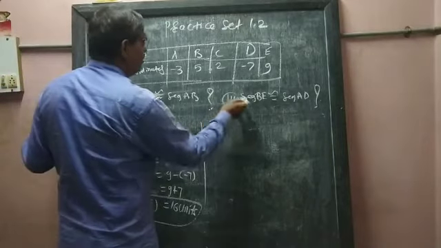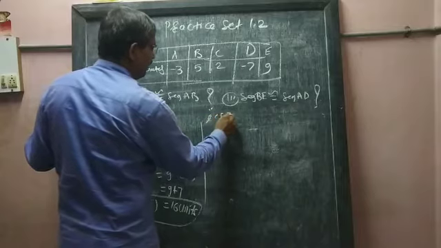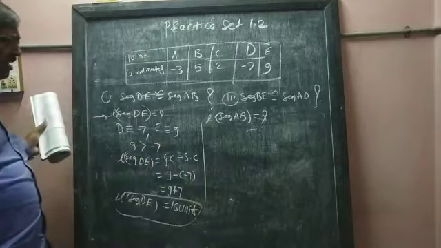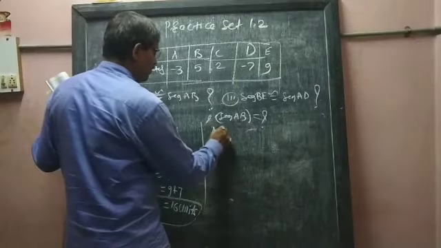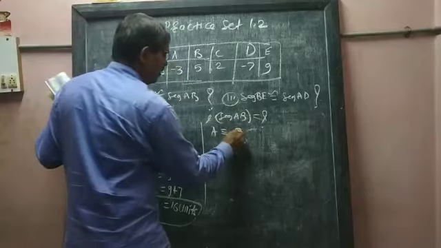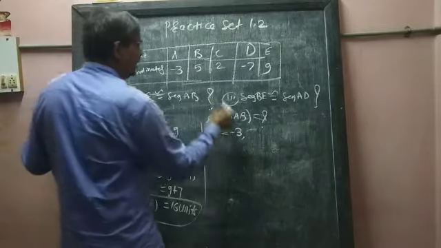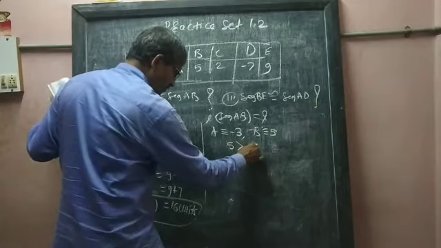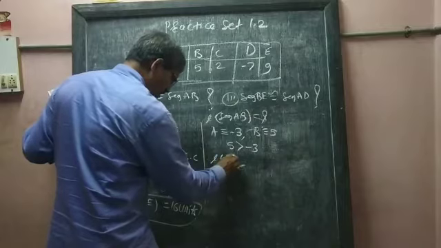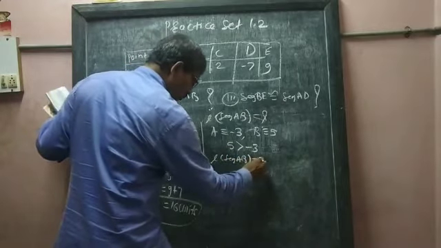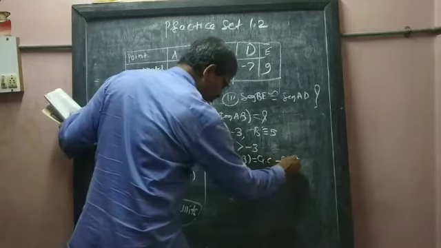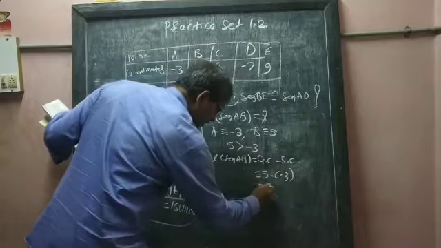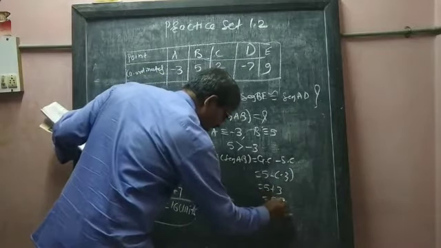Now we have to find length of seg AB. What is the coordinate of A? -3. The coordinate of B is 5. So 5 is greater than -3. Therefore length of seg AB is equal to greater coordinate minus smaller coordinate, means 5 minus (-3), so 5 plus 3 becomes 8 units.